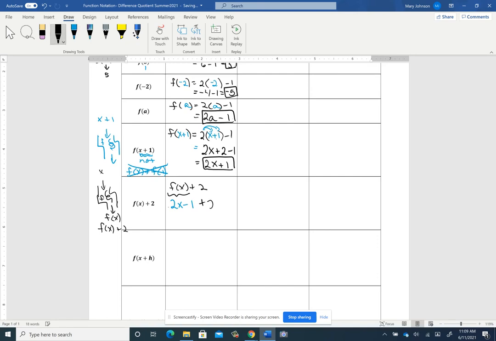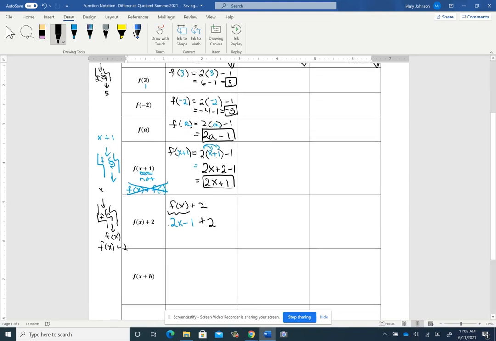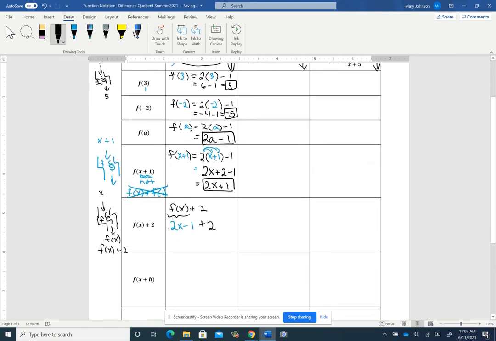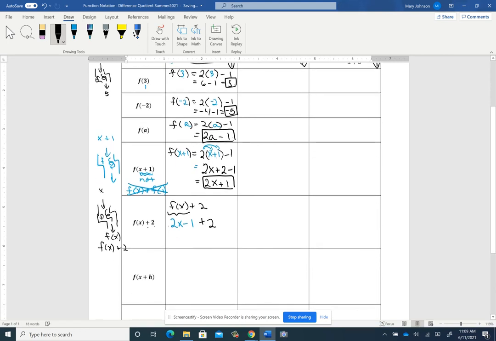Then we're going to add 2. Let me make sure, because I think I might have written that wrong. Oh yeah, f of x is 2x minus 1, and then here it's telling me to add 2. So when I do that, I get 2x plus 1 when I'm finished. Let the function notation tell you how to approach the problem.